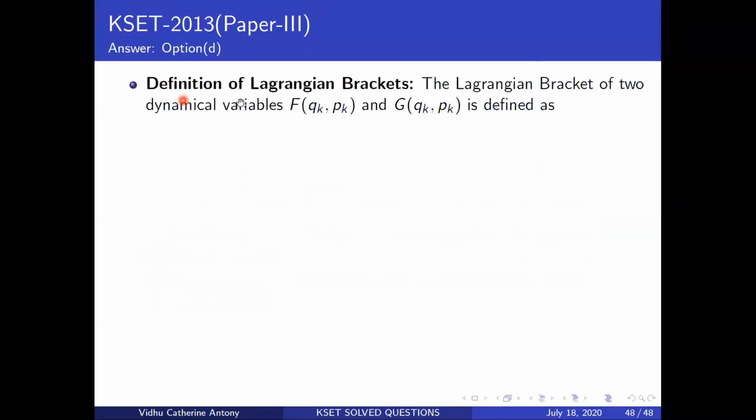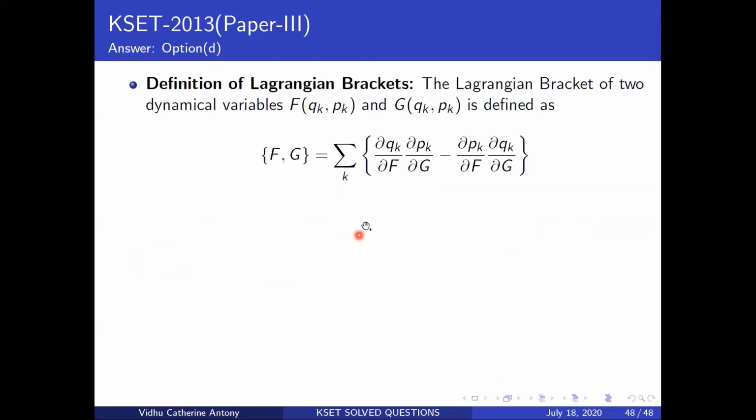Let's look at the definition of your Lagrangian brackets here. The Lagrangian bracket of two dynamical variables, f and g, is defined as follows. You've got an f and a g. Now, it's not the same as your Poisson brackets. If you look at your Poisson brackets, your f and g were on top. Here, both are at the bottom. So your functions here are at the bottom, and the coordinates p and q are at the top.